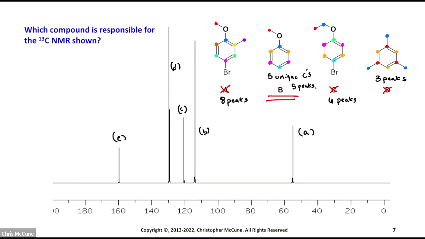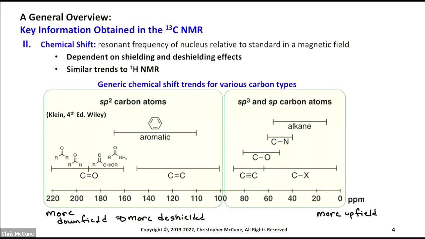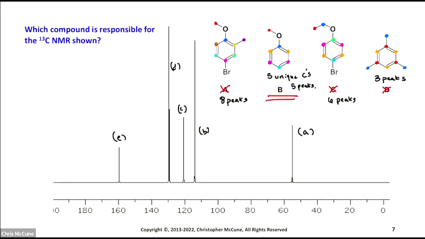These are all kind of where you see normal alkenes here, but then your aromatic compounds have a range somewhere in here. If we go back to a table, you can kind of see the range for the aromatic ring is somewhere within where we're seeing it show up for all peaks B, C, D, and E. The one that's next to that oxygen is going to be peak E. And so then you can start to assign those carbons appropriately.